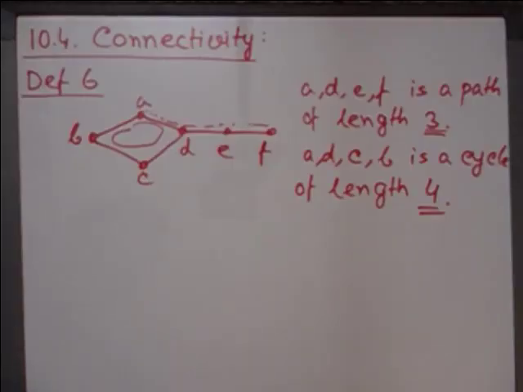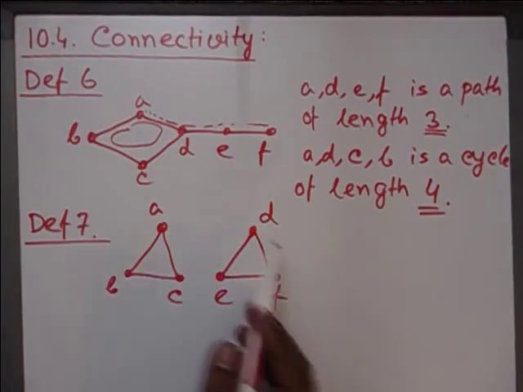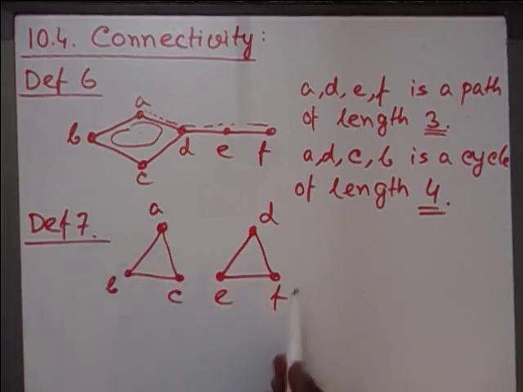Next, a graph is connected if there is a path between every pair of vertices in the graph. So that's a graph, we call it connected. For example, this graph. This is one graph, not 2 separate graphs. We are considering them as one graph.